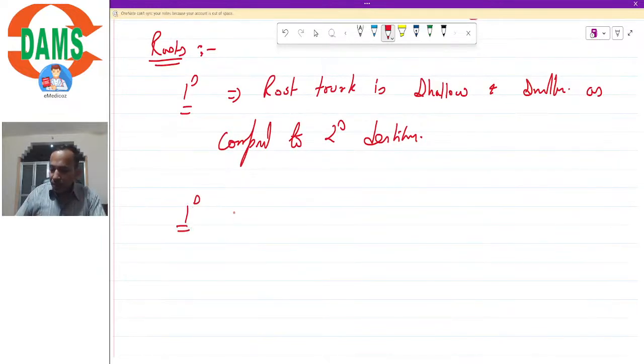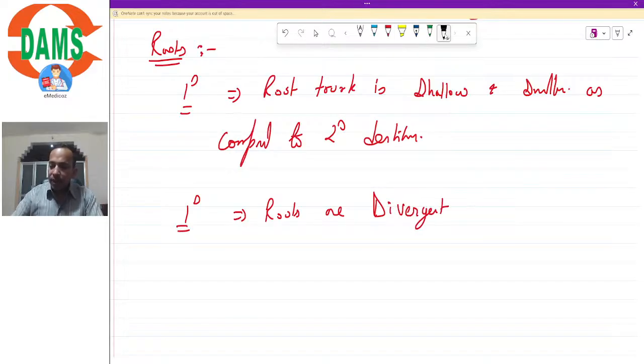In case of primaries, the roots are more divergent as compared to permanent, right? As compared to permanent, the roots are more divergent and they are relatively longer.